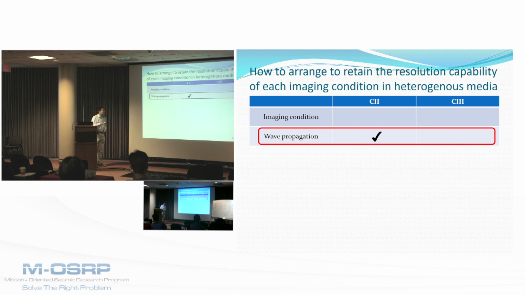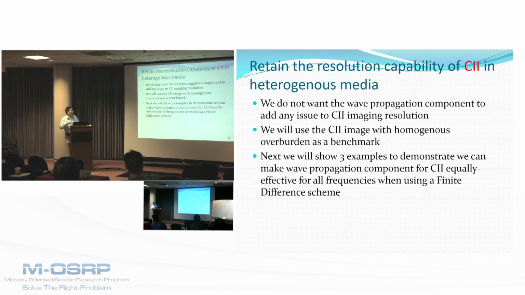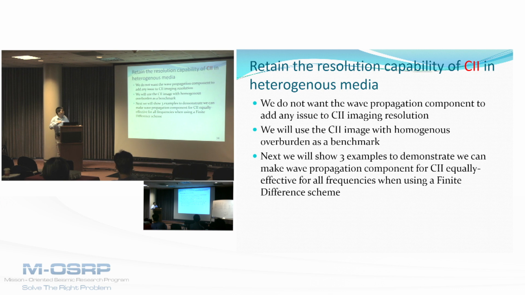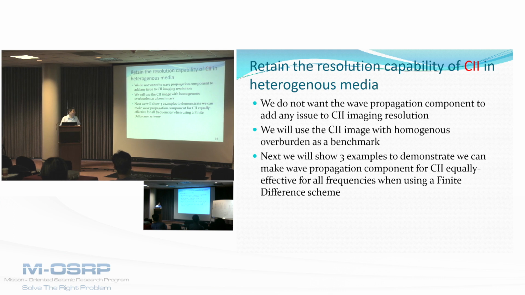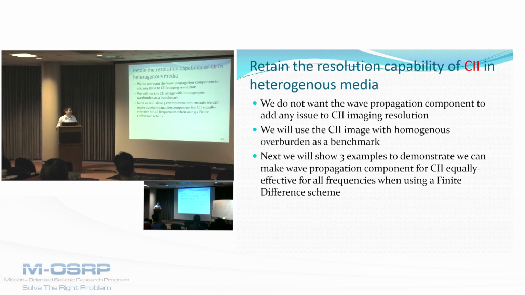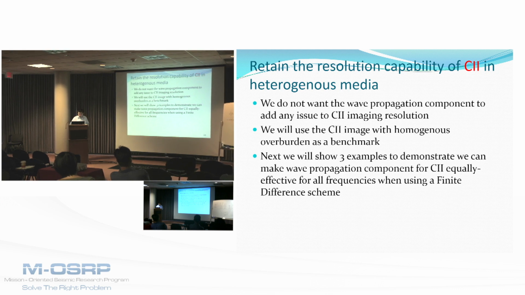Now let's look at the C2 image condition. For the C2, we do not want the wave propagation component to introduce any further issue for the C2 imaging. So we use the C2 image with the homogeneous overburden as a benchmark, and compare the two images to see if we can avoid any high-frequency approximation in the wave propagation component in the C2 image condition.